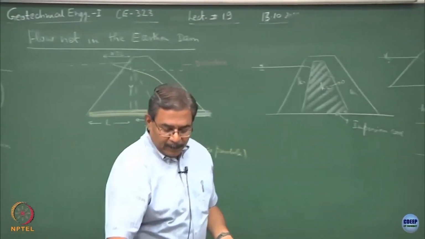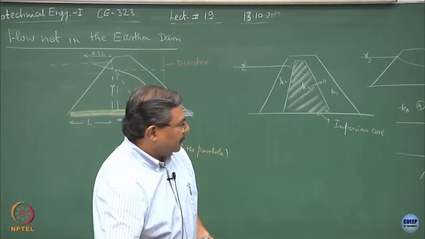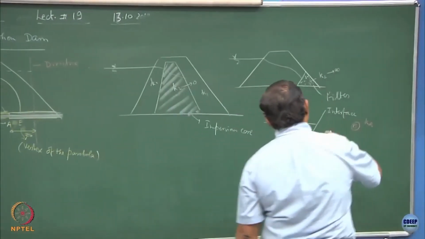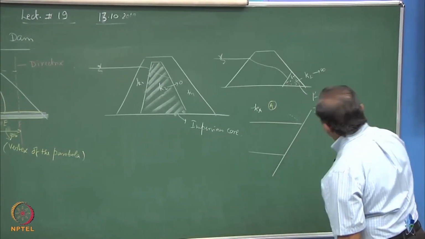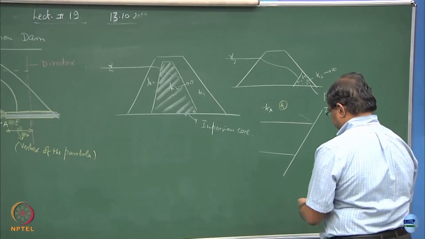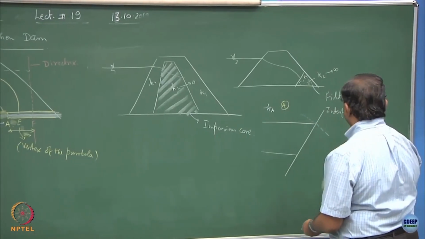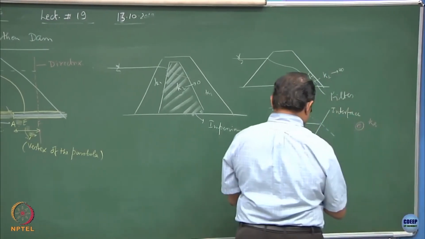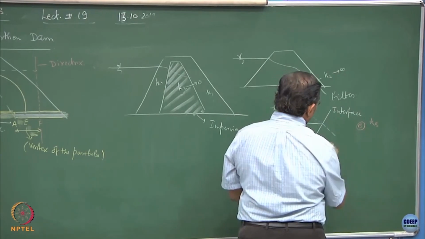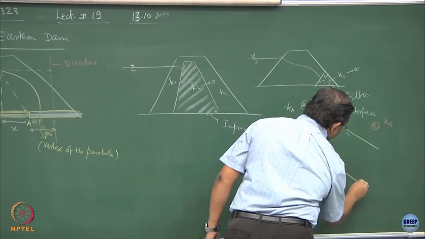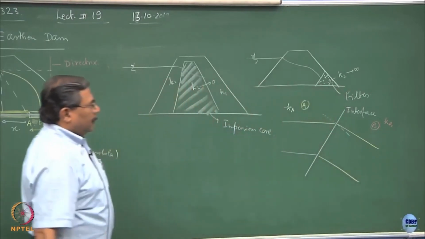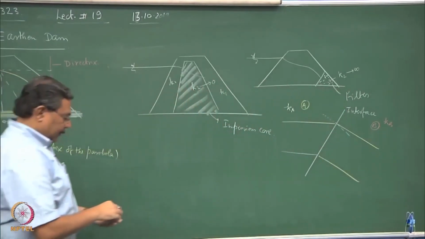So, draw the perpendicular to these interfaces, and then, clear. If I ask you to draw the flow net, it can be done.